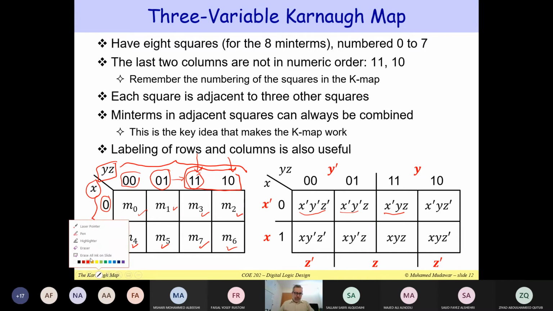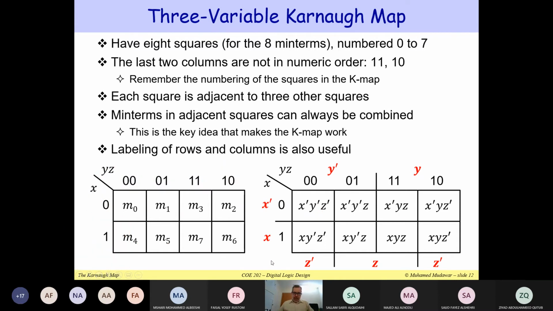Before I give you an example, notice that this row inside the Karnaugh map has the value of x equal to 0. So what is really common is x prime. In fact, if I combine these 4 minterms, I'm going to get x prime.